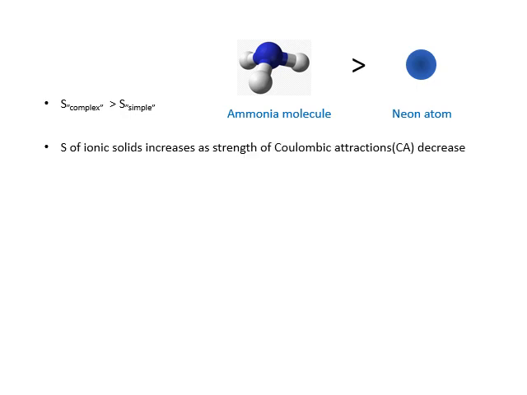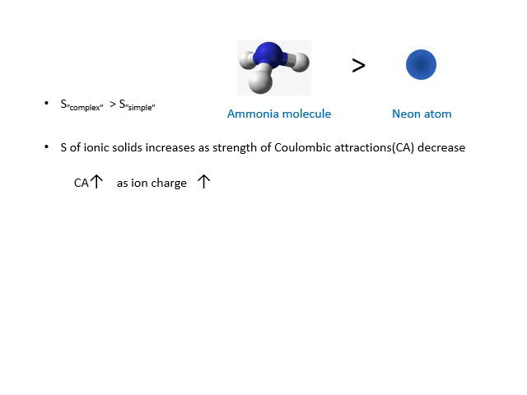We can also predict the relative entropies of ionic solids. Entropy will increase as the strength of Coulombic attractions decreases. This is because the stronger the ions are held together, the fewer microstates are available to them. The strengths of Coulombic attractions in an ionic solid depend on the charge on the ions.